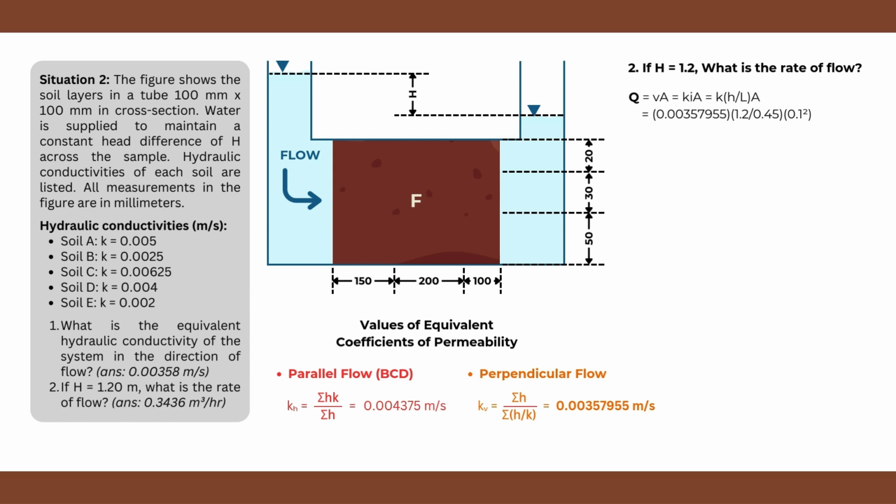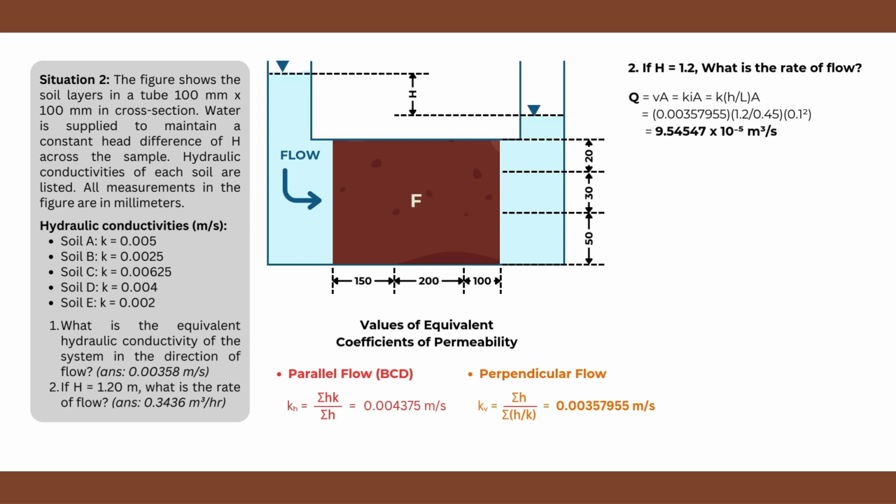Moving on, plugging in this equation in our calculators, we would get an approximate value of 9.55 times 10 raised to negative 5 cubic meters per second. So, if you notice, the unit of our final answer in the situation box for question number 2 is different, which is in cubic meters per hour.